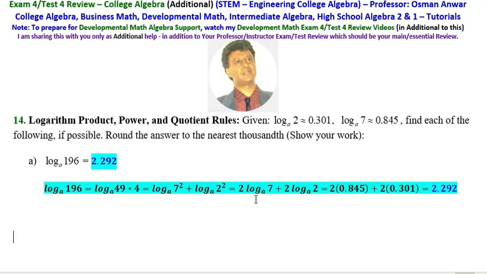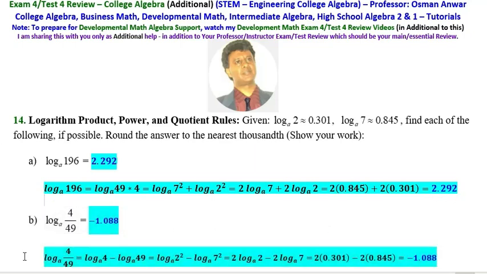Then this is 2 log base a of 7 plus 2 log base a of 2. So this is equal to 2 times 0.845 plus 2 times 0.301. Then this is equal to 2.292.